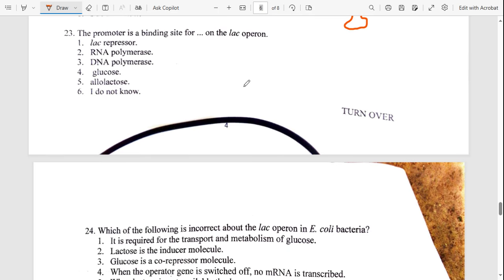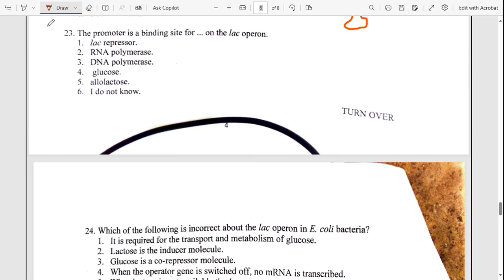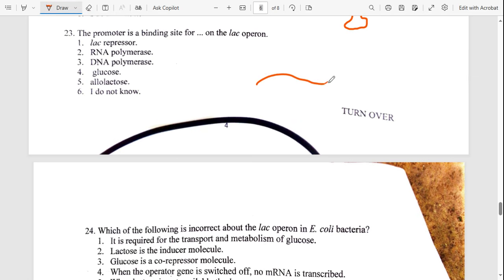Okay, you have what we call the promoter. This is the lac operon. Lac operon is just a structure on your chromosome that regulates the breakdown of lactose.